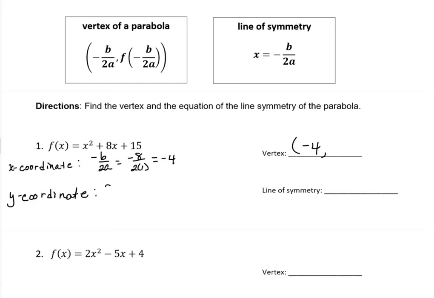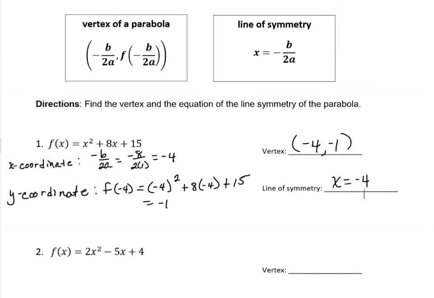And what I do is find f of negative 4. I take this negative 4 from the step above and plug that negative 4 into that equation. So I'm going to have negative 4 in parentheses squared plus 8 times negative 4 plus 15. Stick that into your calculator and you get negative 1. So your vertex is negative 4, negative 1, and your line of symmetry is x equals negative 4.